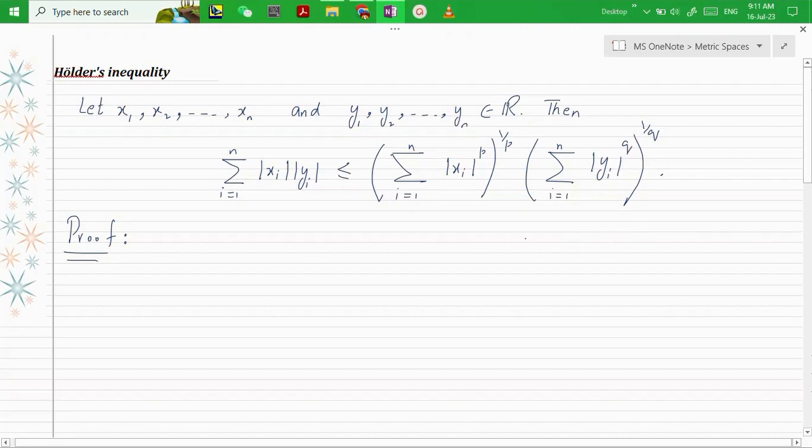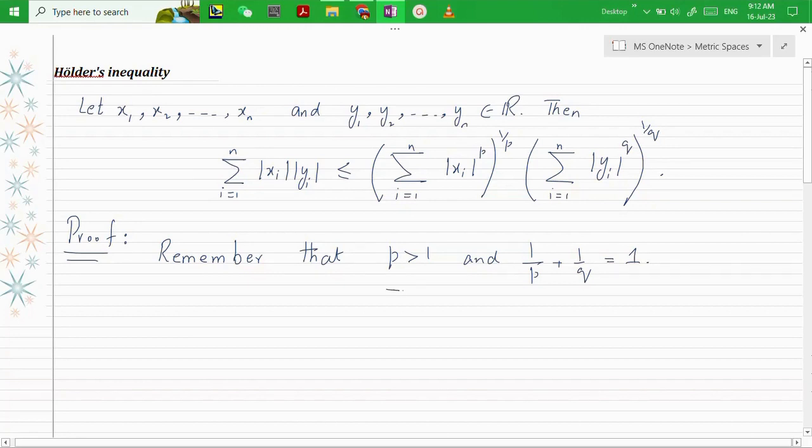You must remember that p is greater than 1 and 1 by p plus 1 by q equals 1.